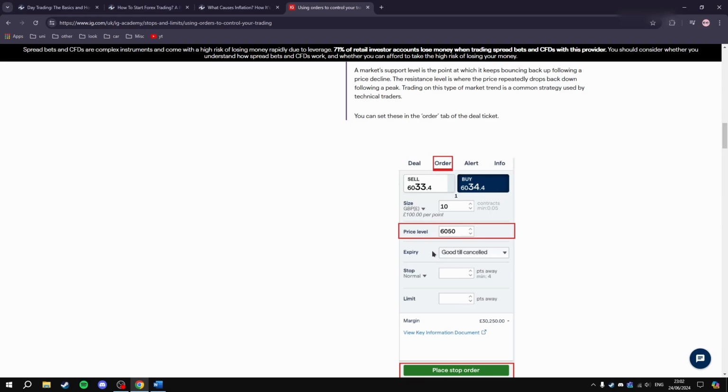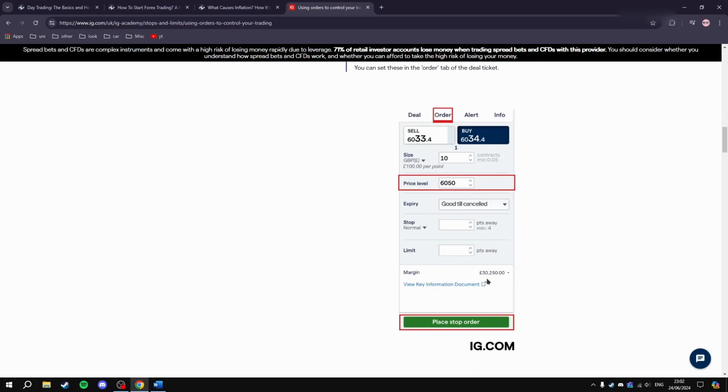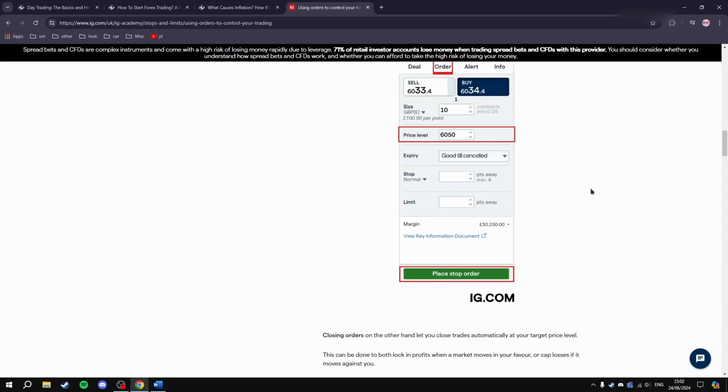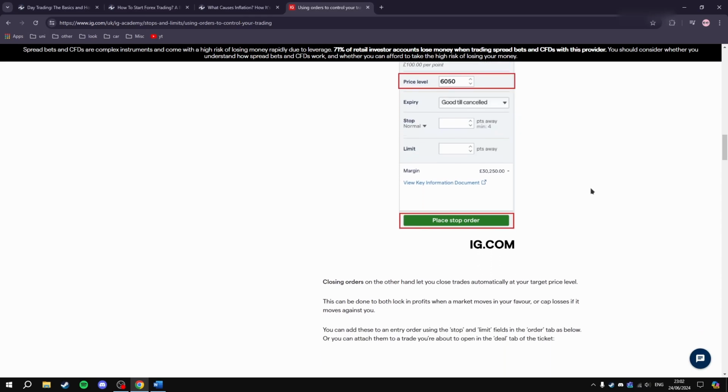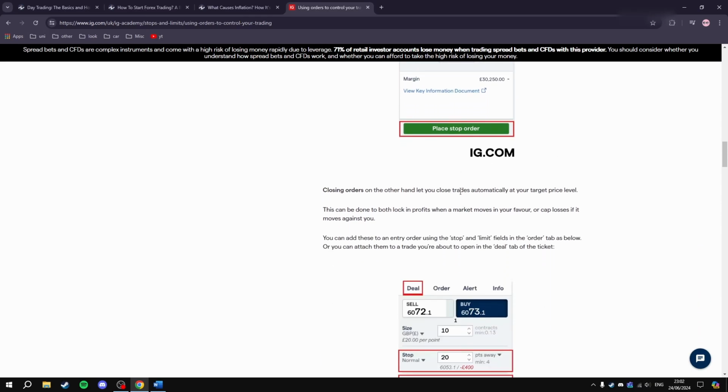Okay, expiry good till cancelled, so it's going to keep going until it gets cancelled, whenever that is. Stops, how many points away. Your limit, how many points away. Take profit limit. Your margin is £30,250. Quite a decent chunk. Place stop order.